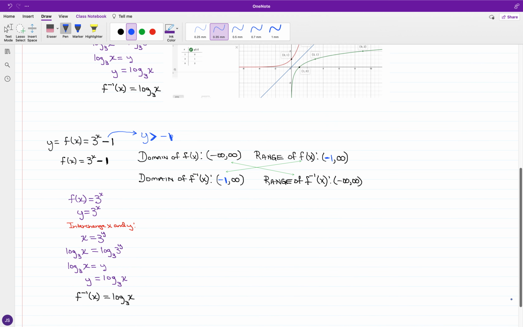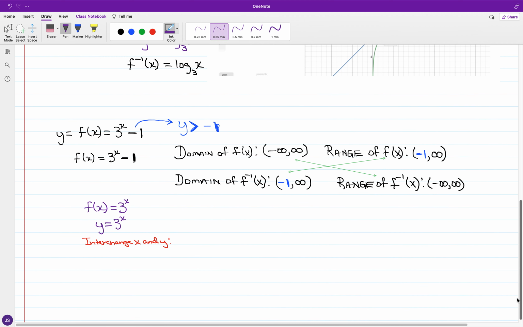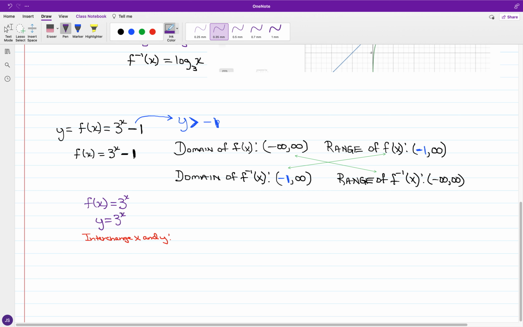Now, in looking at this slight change up, we have f of x is equal to 3 to the x minus 1.